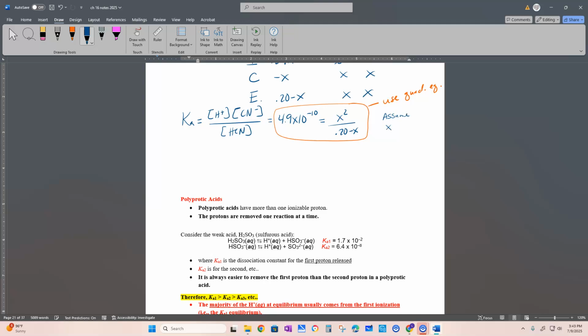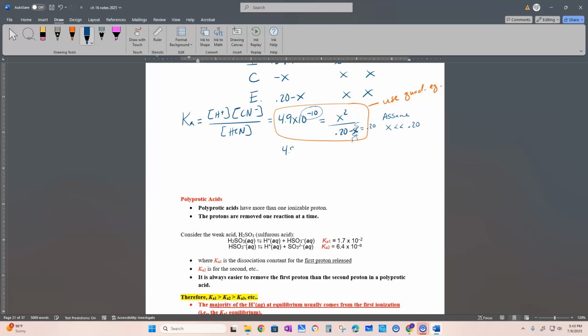We assume that x is so unbelievably small, and why? Because look at that exponent, -10. That this x right there, when I subtract it, it's not going to mean anything. I'm going to get the same thing in the end. Okay? So what you're doing is you're getting rid of that x. Don't erase it. Just do a little cross out, and that's it.